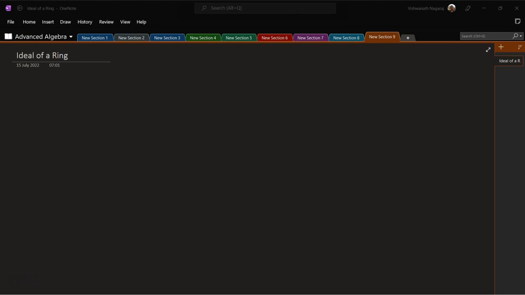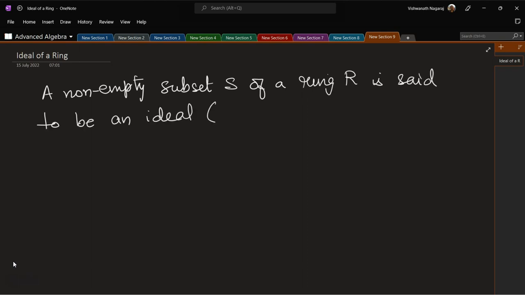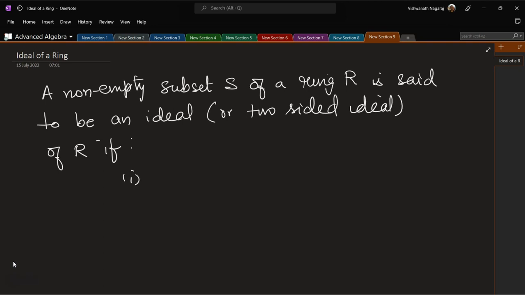Let's look at ideal of a ring. A non-empty set, more precisely, subset S of a ring R is said to be an ideal, or to be more precise, two-sided ideal of R if these two conditions are satisfied.